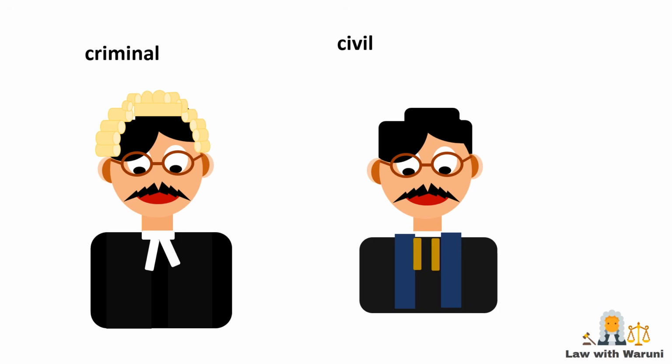Judges who sit to hear criminal cases will be wearing a wig. But the judges who sit to hear civil cases will not be wearing a wig, and their robe is also different. And there will be gold color tabs on their robe.